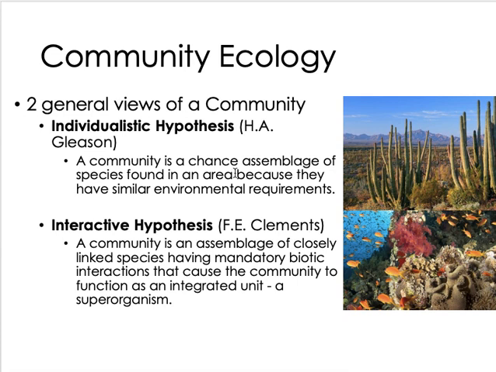For example, if you have a desert or savanna ecosystem, most probably the community of plants there are adapted to those conditions, and they have different adaptations in order to survive in that specific environmental condition. In the perception of Gleason, the community is an arbitrary concept, and each species responds independently to the underlying features of the environment.